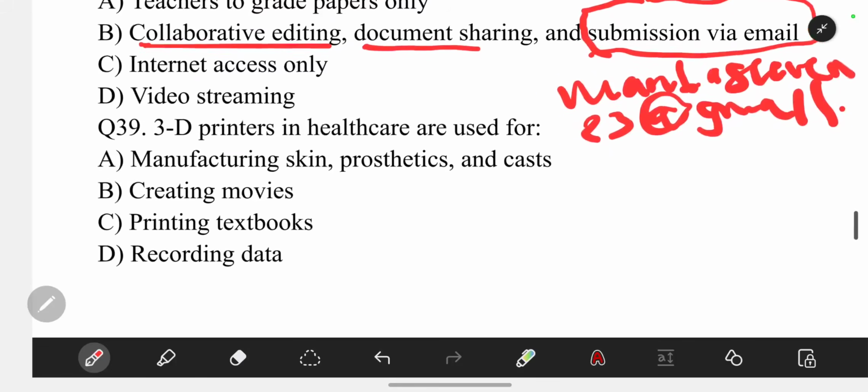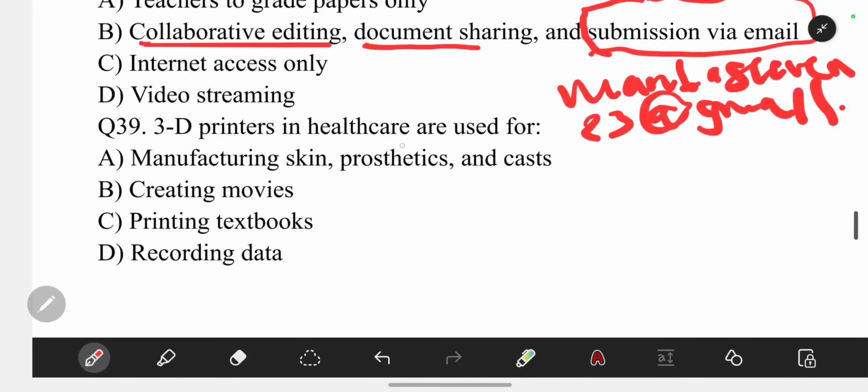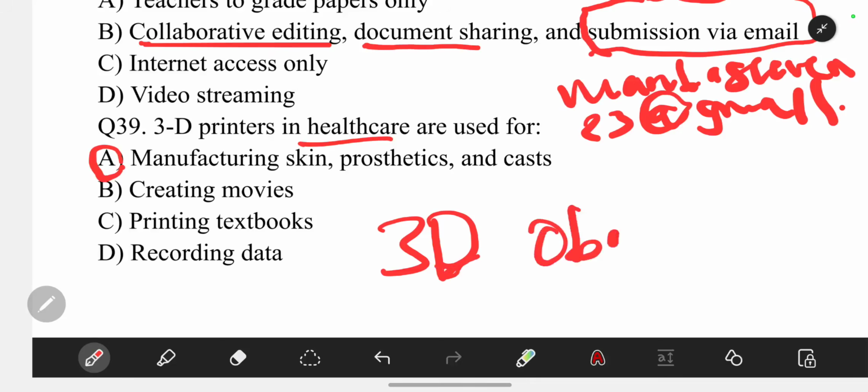Number 39, 3D printers in healthcare are used for... So 3D printers are used, number one, in health. They are used in making skin. Remember, 3D printers are those that make real life objects. They do not print on paper, but real life objects. So through the use of computers they are used in making skins, prosthetics, and casts.